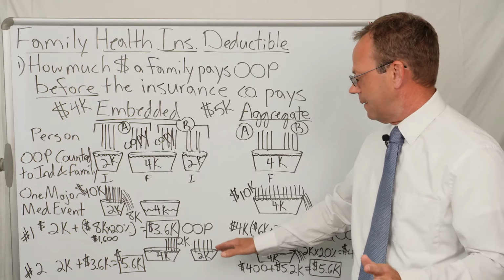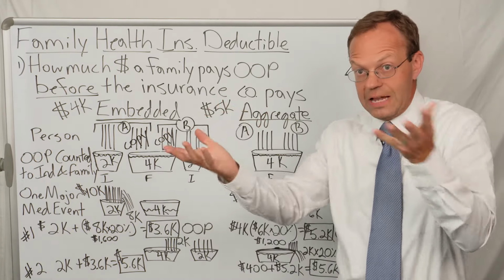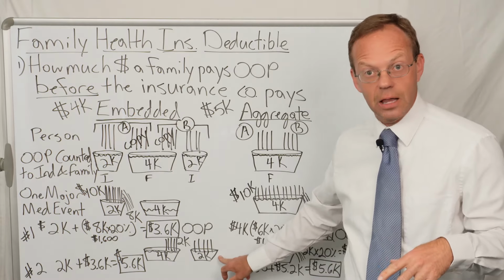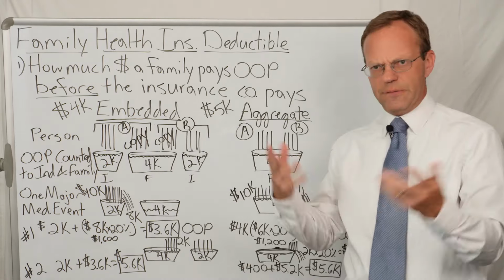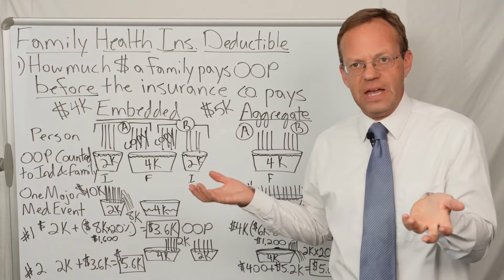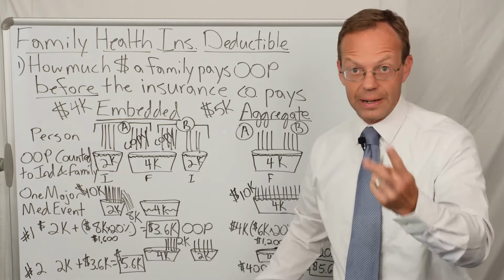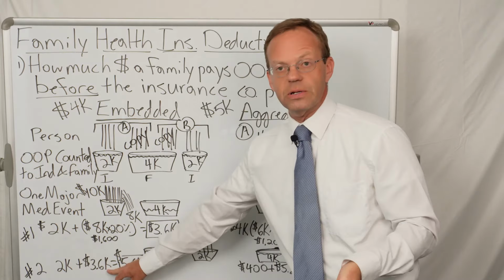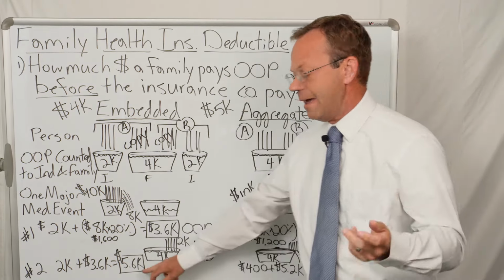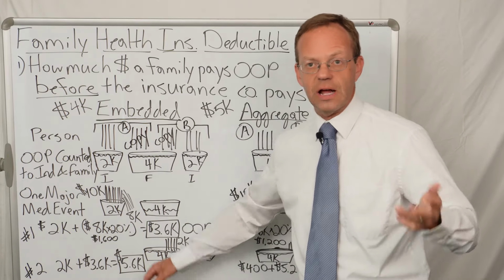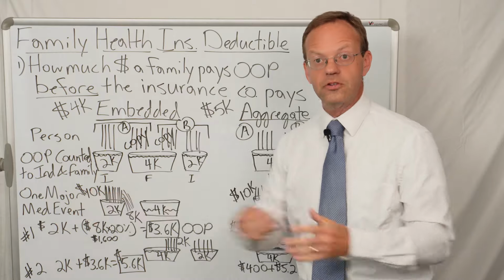So individual number 2 has to pay all $2,000 that went into that second individual deductible. To figure out the total cost for the family, you take the $2,000 that person number 2 had to pay in their deductible, plus the $3,600 that person 1 had to pay out of pocket, and that gives you $5,600 of total family out-of-pocket costs for those two people.